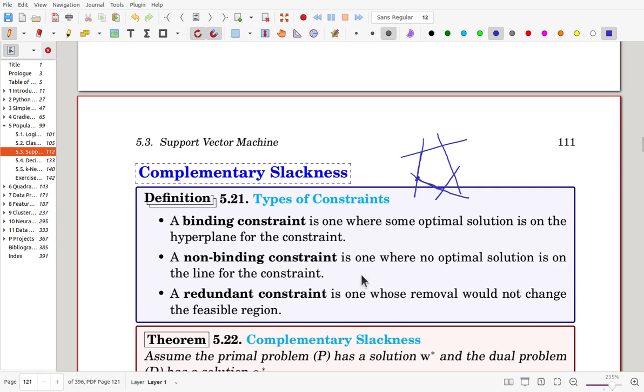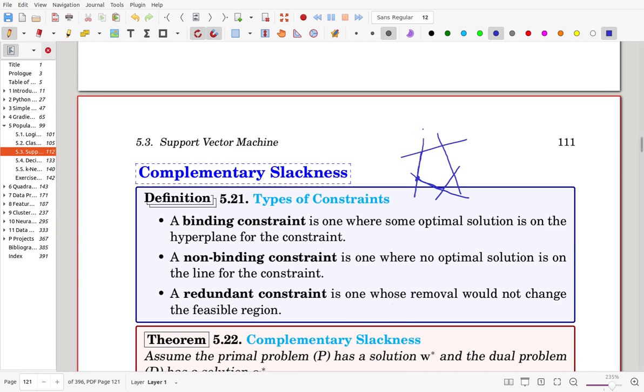A non-binding constraint is one where no optimal solution is on the line for the constraint, so the other 3 are non-binding constraints. And a redundant constraint is one where, even if it is eliminated, the feasible region is not changed.